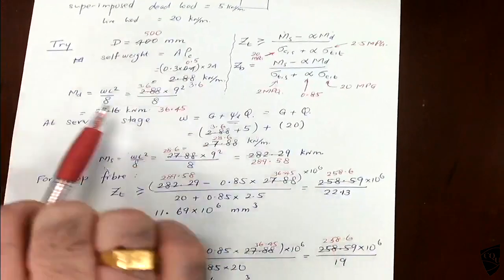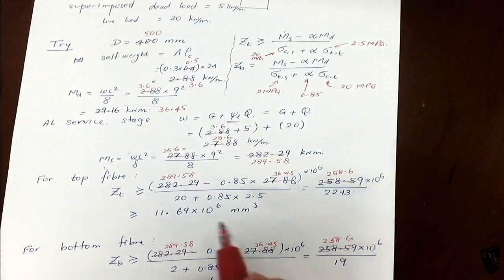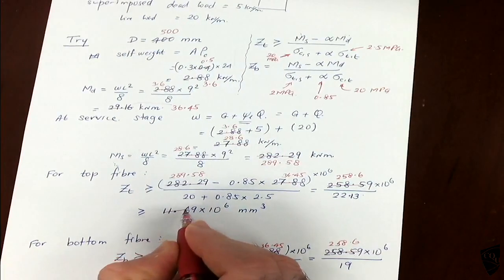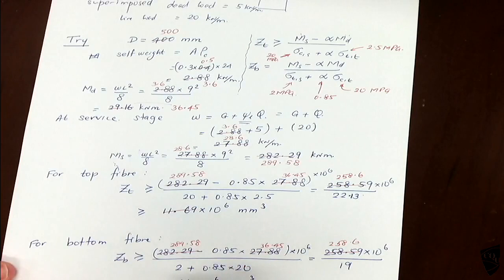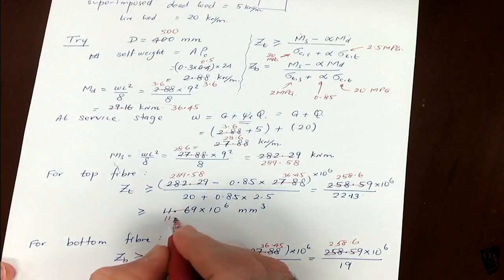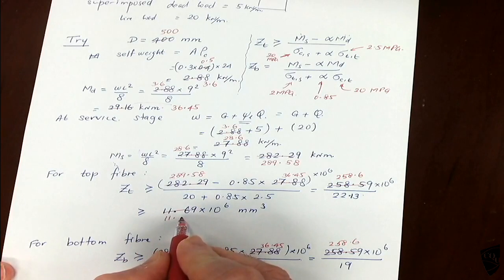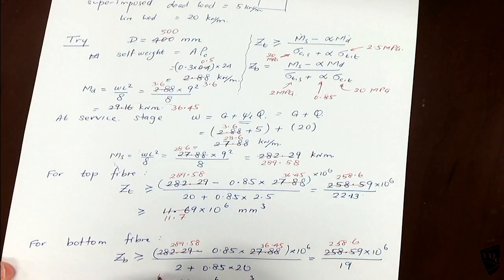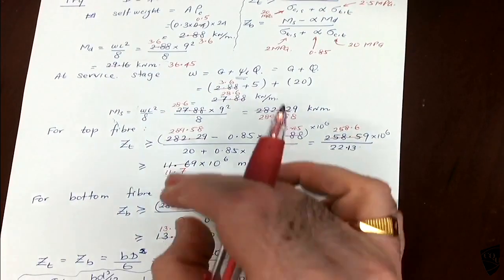But if I work out the requirement, it doesn't change, maybe a little bit increased, 11.7, and this one also maybe 13. Maybe it's the same, 11.69. So almost, it doesn't change much. The requirement doesn't change.